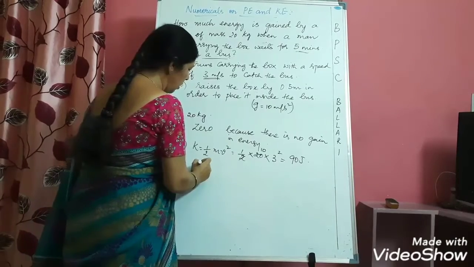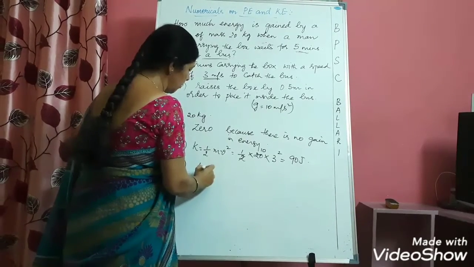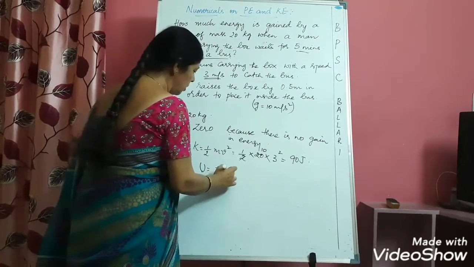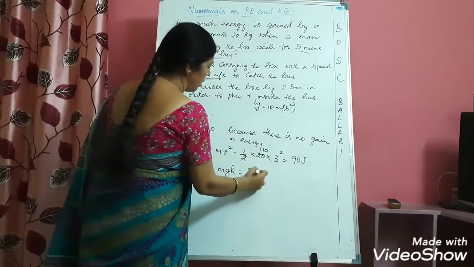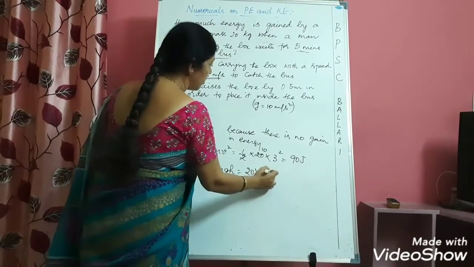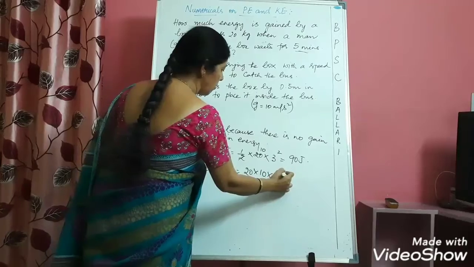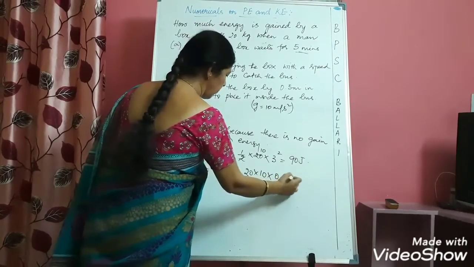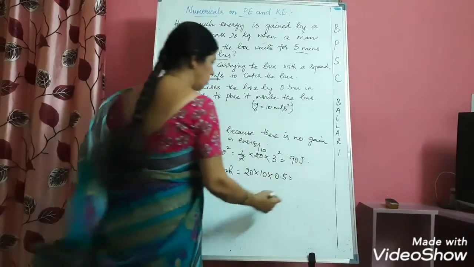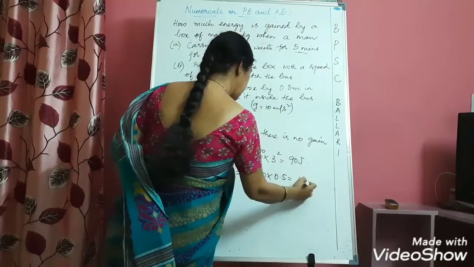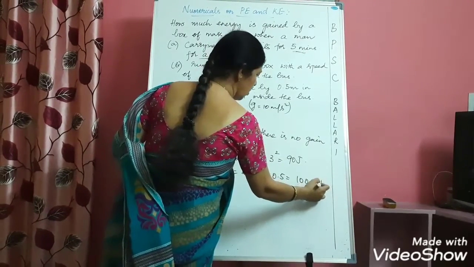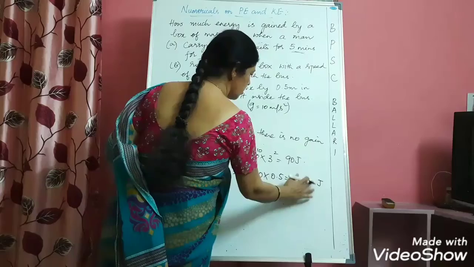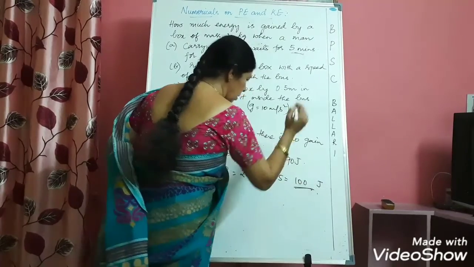So the gain in energy, that is potential energy, will be equal to mgh, that is 20 into 10 into 0.5 meter. Now how much will it be equal to? 5 twos are 10. This will be equal to 100 joules. This is the solution.